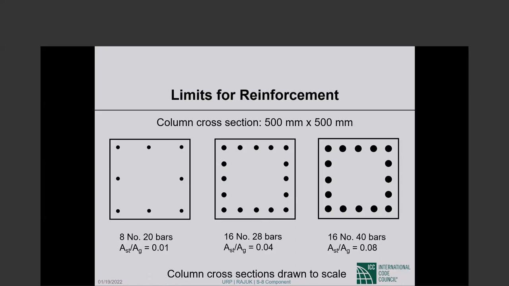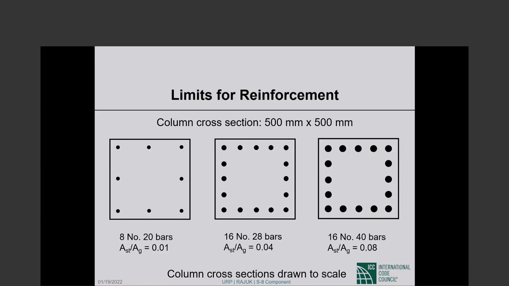So when you imagine the transverse reinforcement, the confining or the shear reinforcement together with these bars, you will see how difficult concrete placement becomes when you place too much reinforcement in a column section.